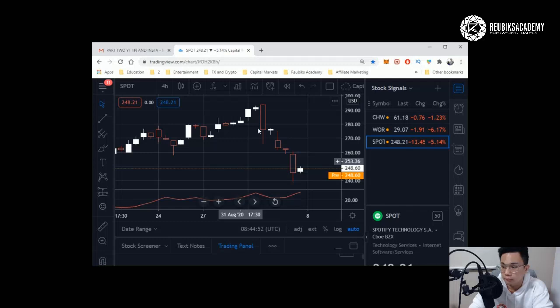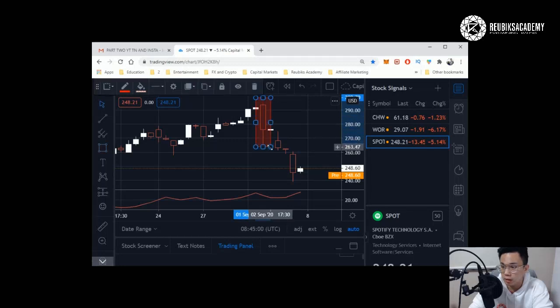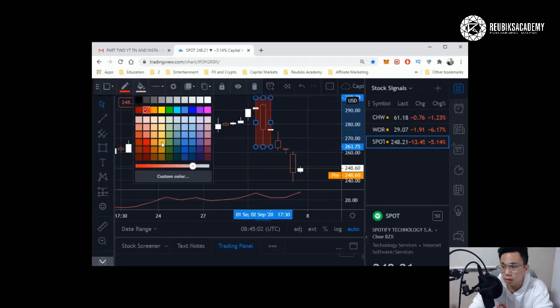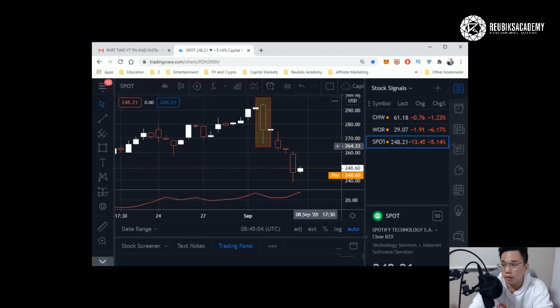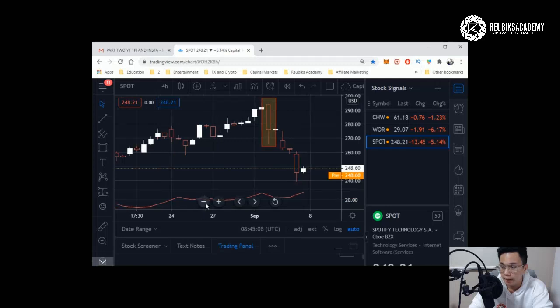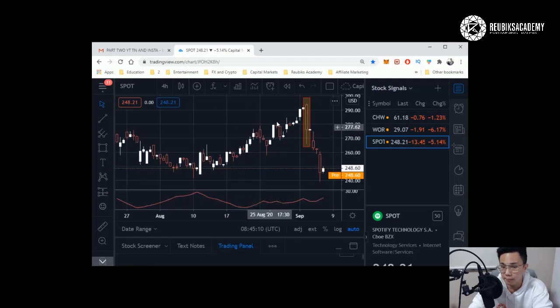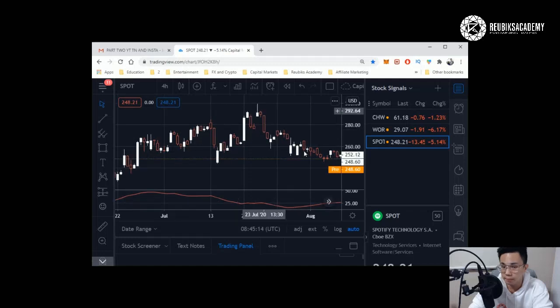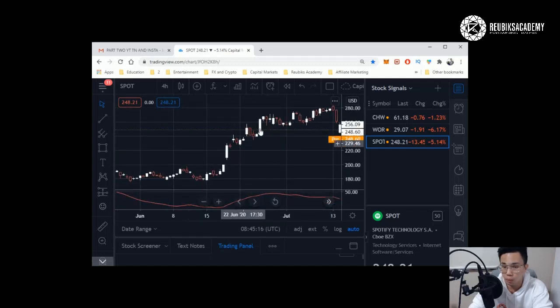So each of these, let me just draw it out. Each of these is called a candlestick. So you can see that price went up, then it came down, went up, came down, went up all the way.